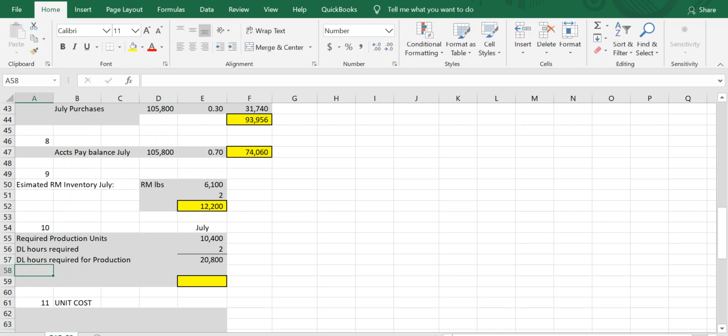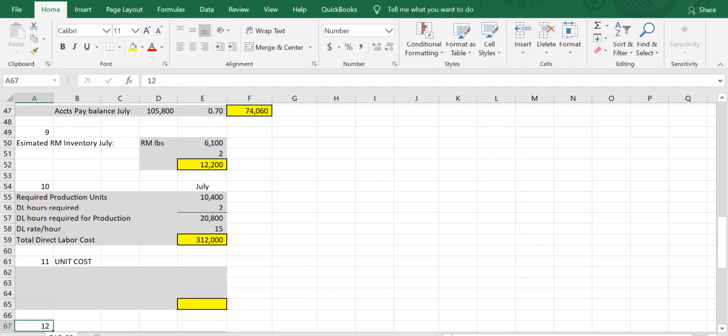And then we have the direct labor rate per hour, which is $15 right here. We multiply that out to calculate the cost of the direct labor. So at the end, we have total direct labor costs of $312,000. Okay.